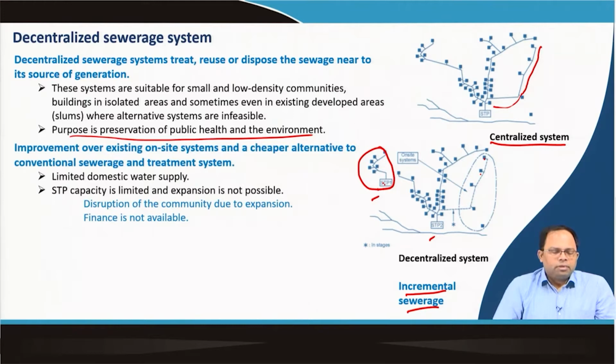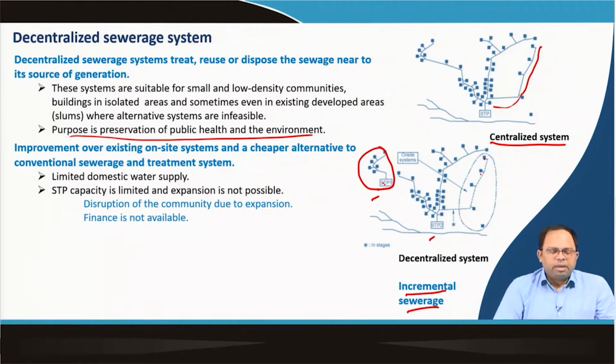Another main benefit is improvement over existing on-site systems and a cheaper alternative to conventional sewerage and treatment systems. That means we are getting almost the benefits of a conventional sewerage and treatment system instead of the on-site system, but at a relatively lower cost.